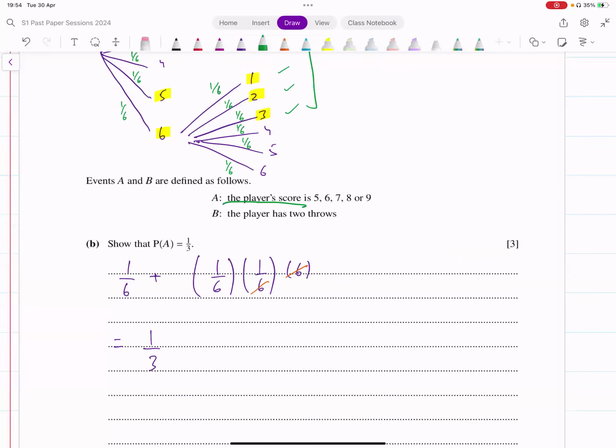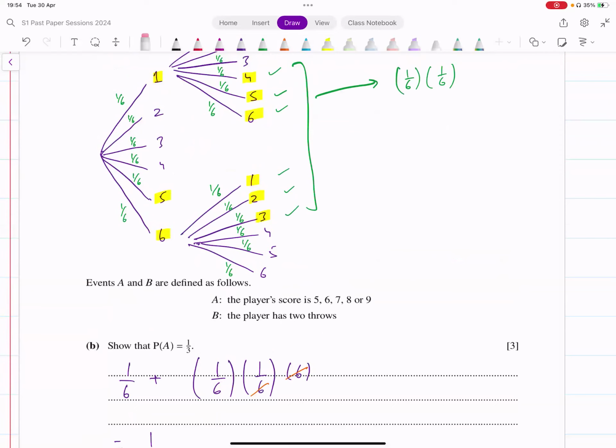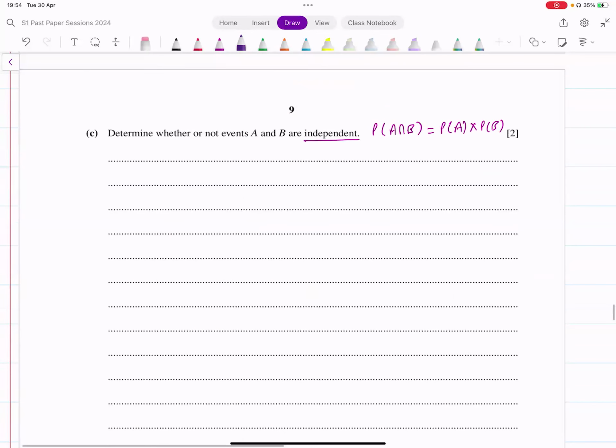B is the player has 2 throws. What's the probability of a player having 2 throws? The player gets 2 throws when he either gets 1 or 6. What's the probability of getting 1 or 6? Let's write that down here.